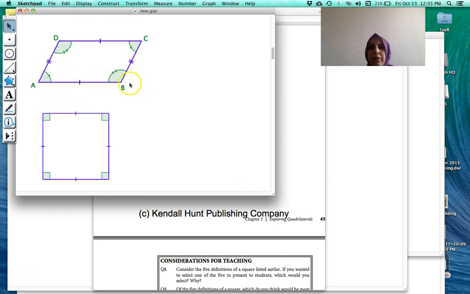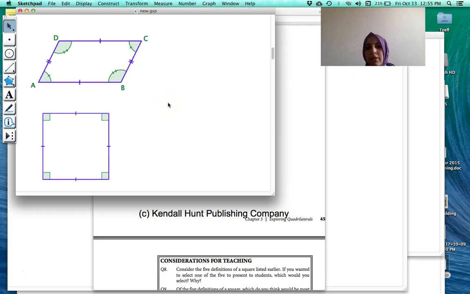But if these angles A and B are congruent, it makes them 90 degrees, like right angles. It also makes the parallelogram a square.